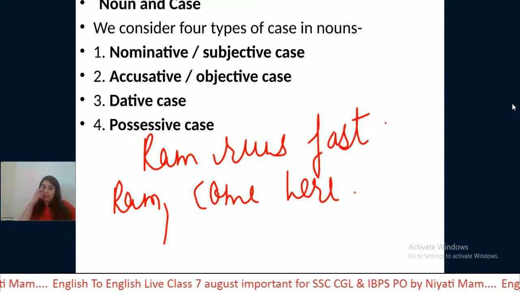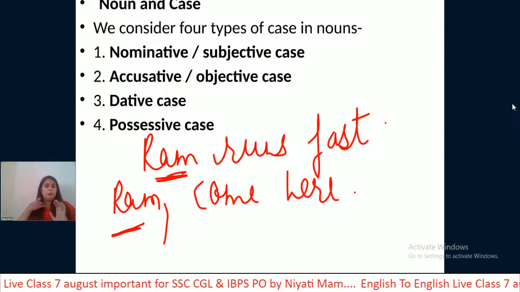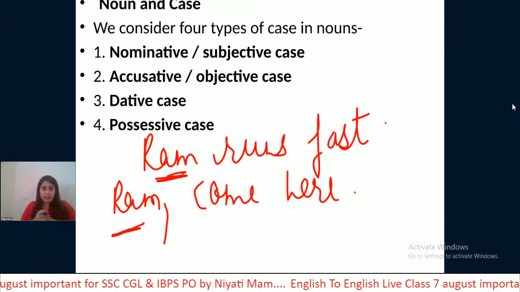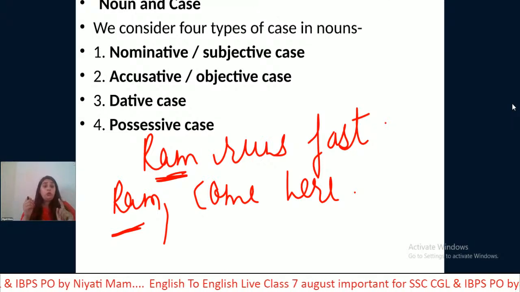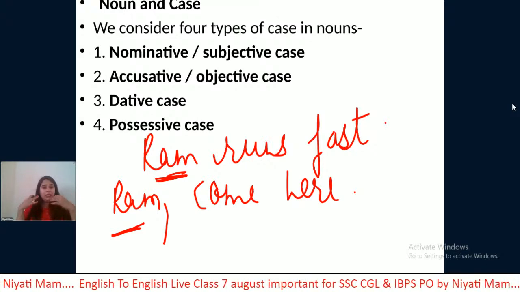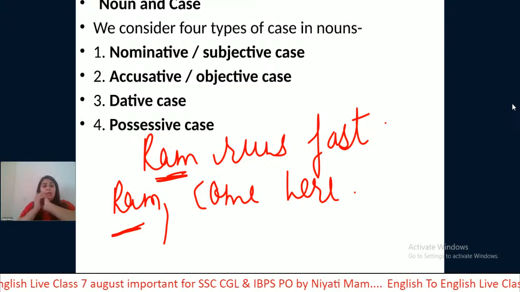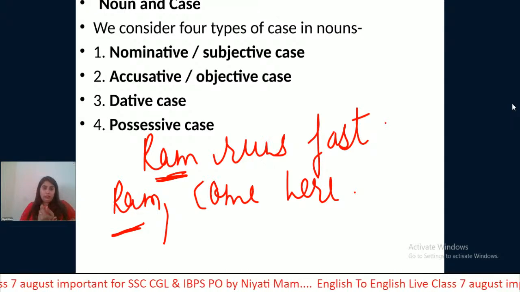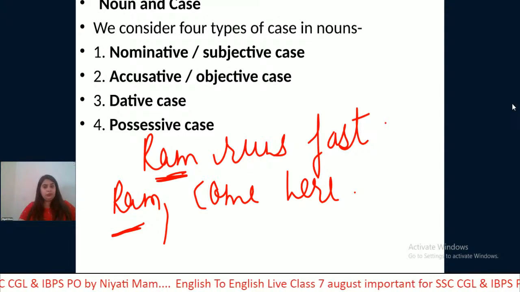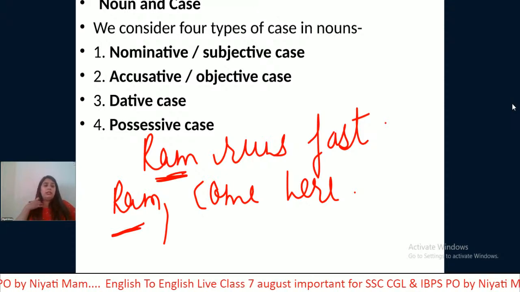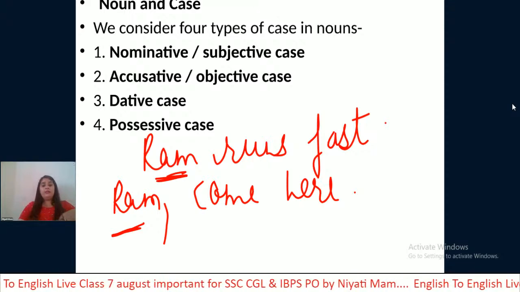In both the sentences, your subject is Ram. Ram is a proper noun, and in both sentences Ram is working as the subject of the sentence. You need to examine these sentences very carefully, and tell me what is the difference. Do you think that both the sentences are of the same type? Do you think there is no difference in these sentences? Ram runs fast, Ram, come here.